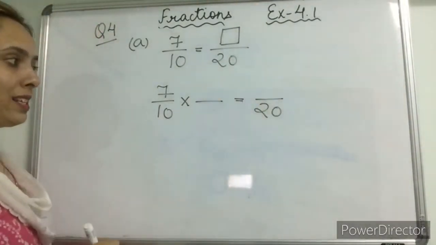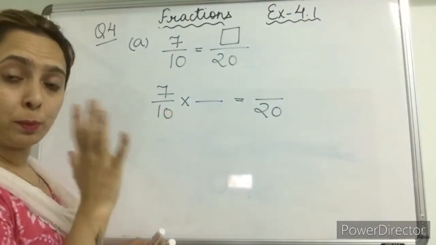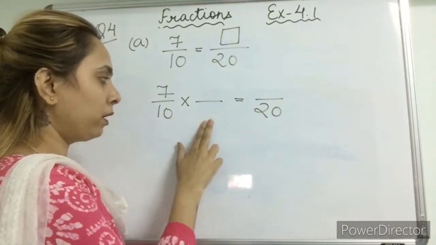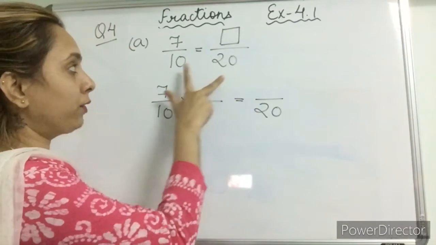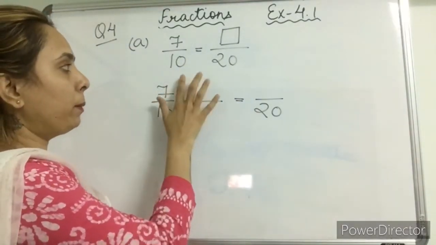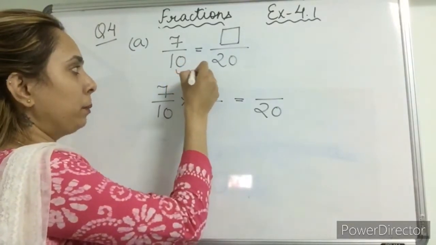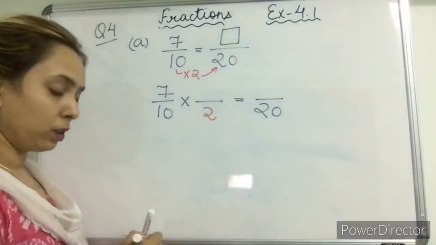Okay. So in such type of question, I want you to make this thing clear in your mind: with which number will we multiply this 10 to get 20? 20 is already given. This 10 will be multiplied by which number? So 10 will be multiplied by 2 to get 20. So here we will write 2.